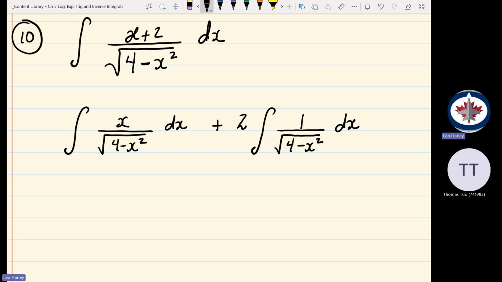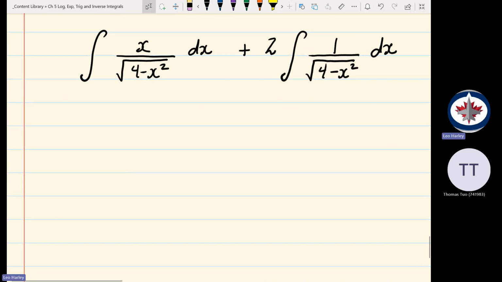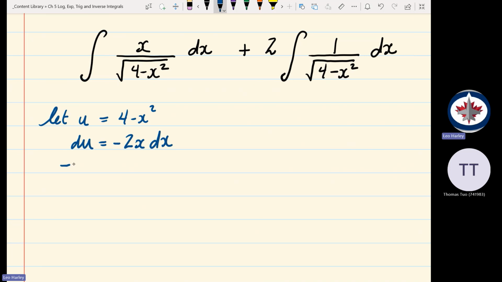How do you feel about this, Ethan? Pretty good. If we take a look at the first one, you're simply going to let u be everything underneath the square root. So it's 4 minus x squared. So du then will simply be minus 2x dx. And then if we divide both sides by minus 2, we can deal with the fact that we have an x in the numerator.